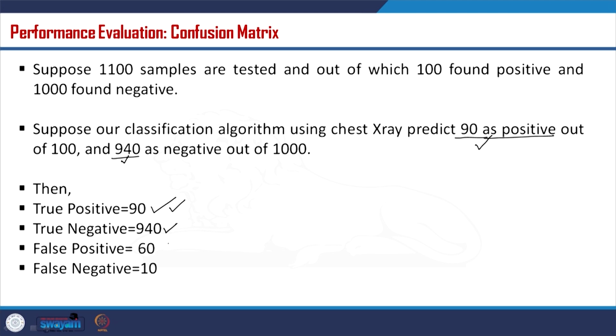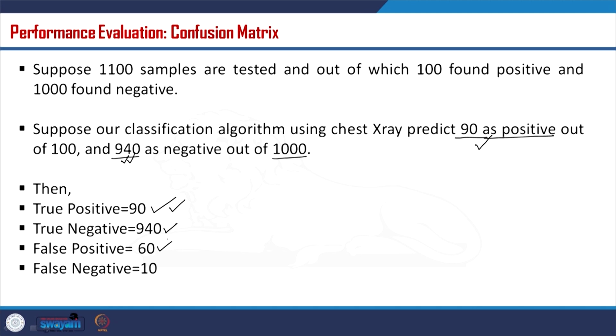Now, false positive. False positive means the samples that in reality are negative, but predicted as positive. As you see, in total we have 1000 negative samples, out of which only 940 were classified in the negative class. So, 60 went to the positive class. Those 60 patterns are false positive.